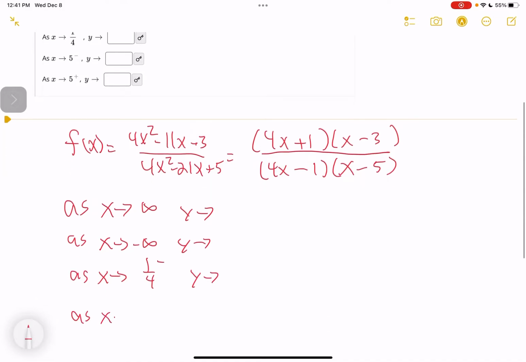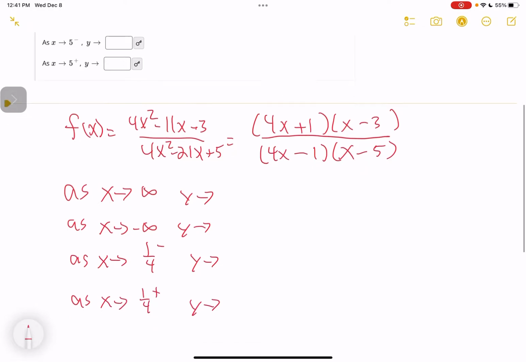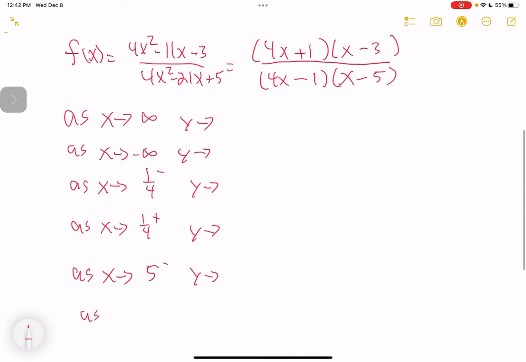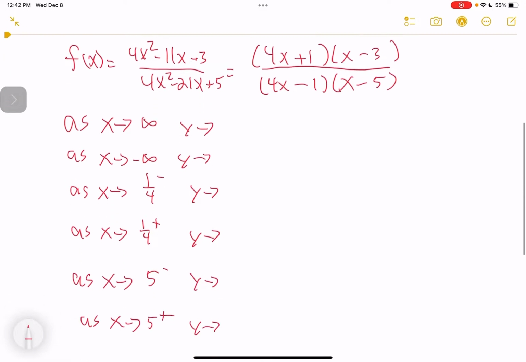As x approaches 1/4 from the right side, what's y going to do? So it kind of tells us that's one of our asymptotes. As x approaches 5 from the left side, what's y going to do? And as x approaches 5 from the right side, what's y going to do? So we have to look at all these situations.